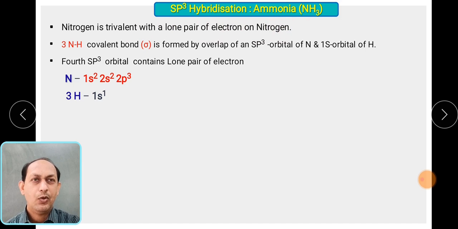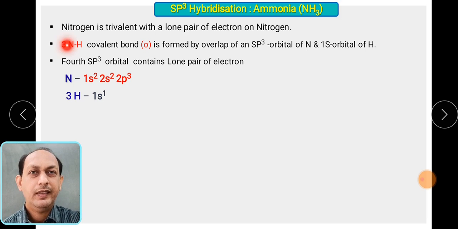A lone pair always stays on top of nitrogen; you will always see two dots written on nitrogen, that is an electron pair. So there are 3 N-H covalent bonds formed by overlap of the sp3 orbital with the 1s orbital of H. There you will find 3 sigma covalent bonds formed by sp3-s overlap with the nitrogen. Nitrogen has atomic number 7, 1s2, 2s2, 2p3.